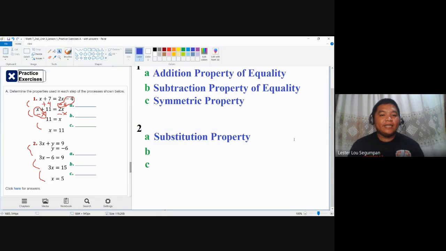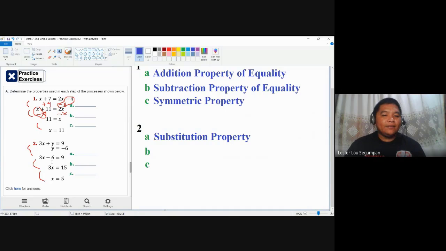So instead of writing 3x plus y equals 9, since y has a value of negative 6, we substitute it, and instead of having a linear equation in two variables, for the second step we now have a linear equation in one variable, which is x.